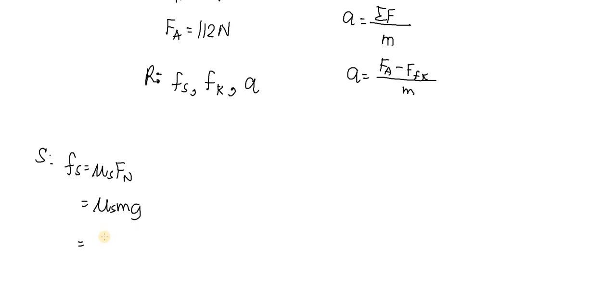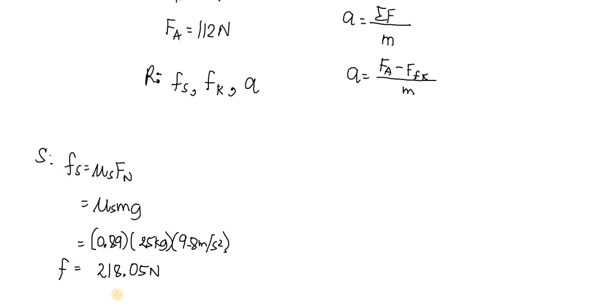Here, it's a flat surface. So we have 0.89 multiplied by 25 kilograms, multiplied by 9.8 meter per second squared, which is equal to 218.05 Newton. That's the static friction.